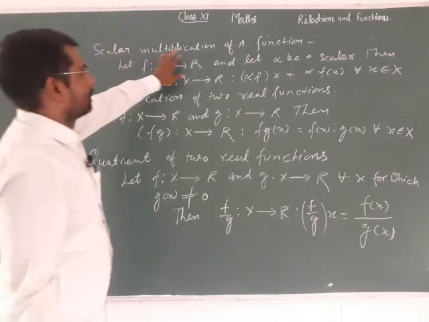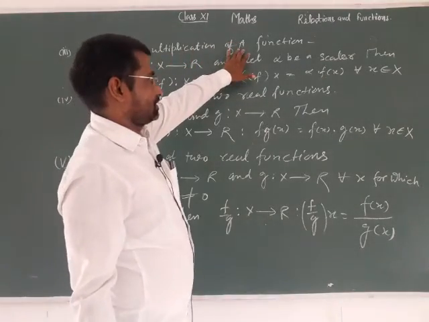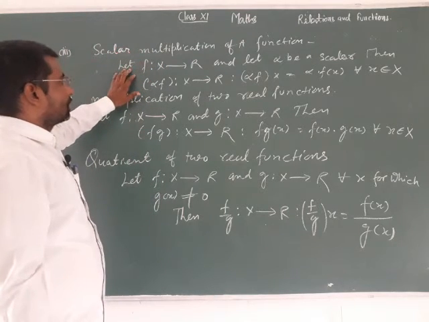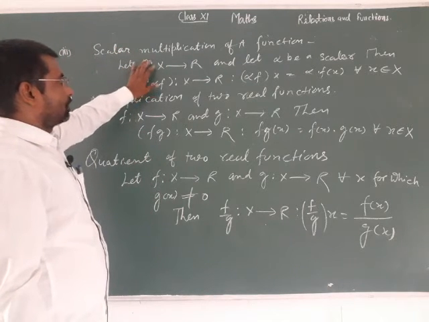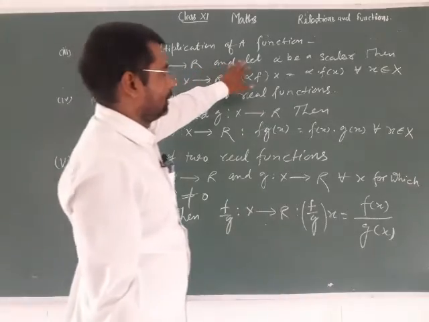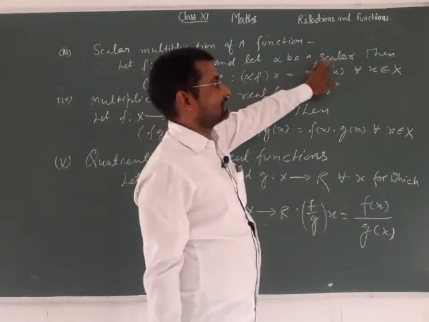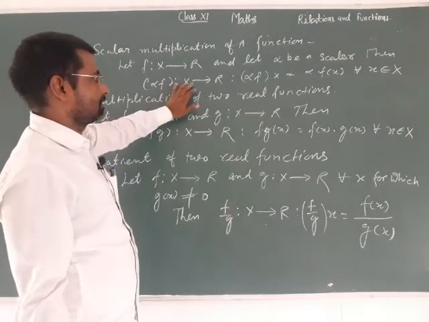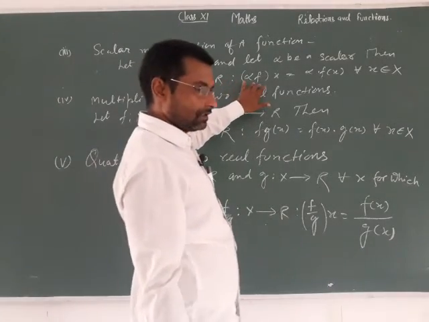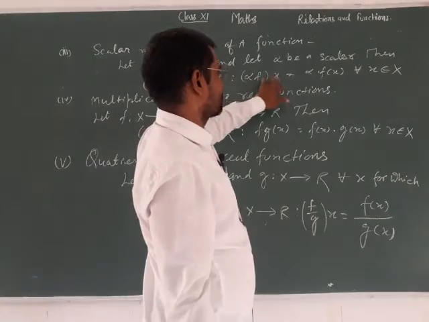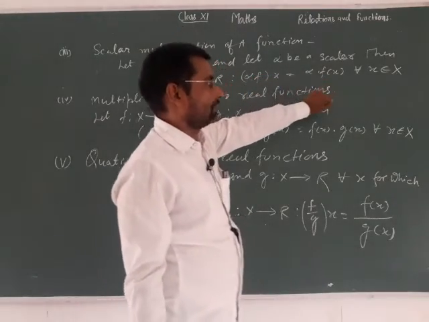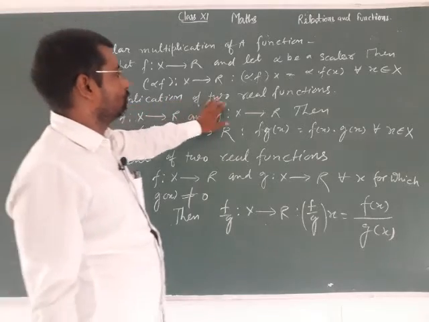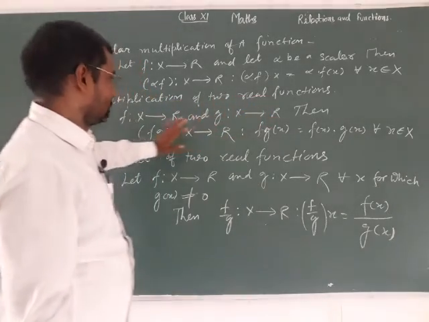Third, scalar multiplication of a function. Let f be from X to R and let alpha be a scalar, then (alpha f)(x) = alpha f(x) for all x belonging to X. And multiplication of two real functions.